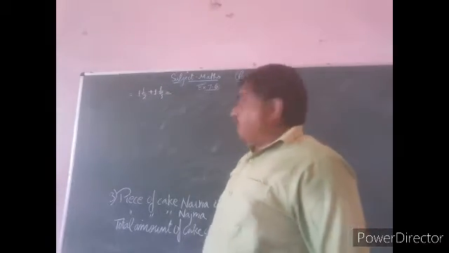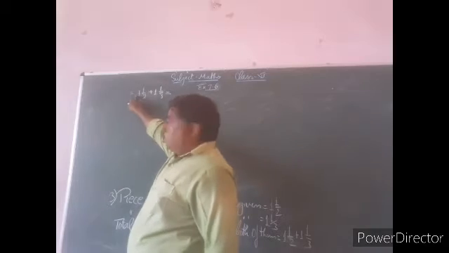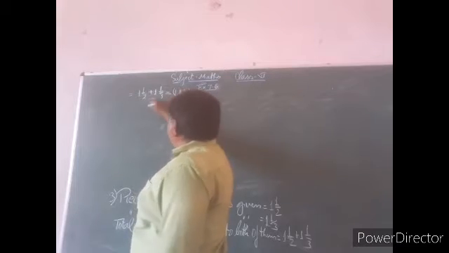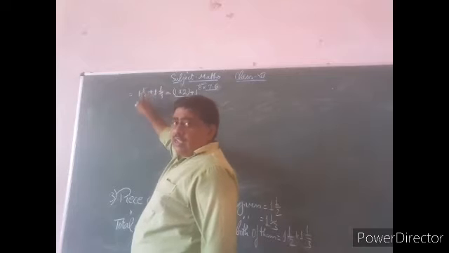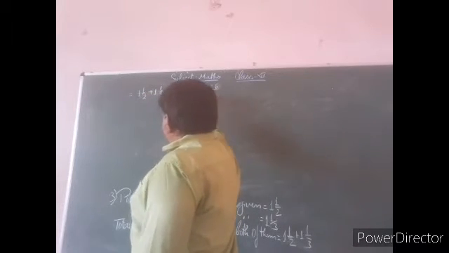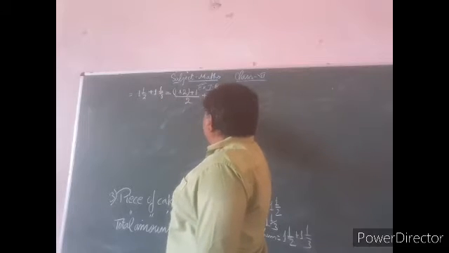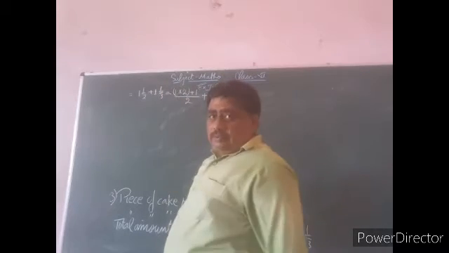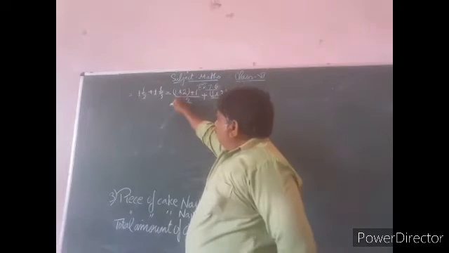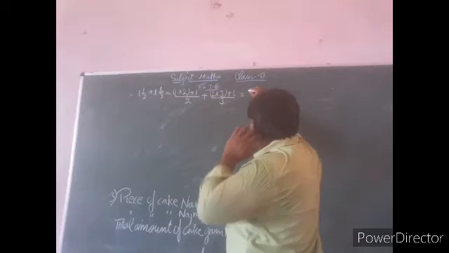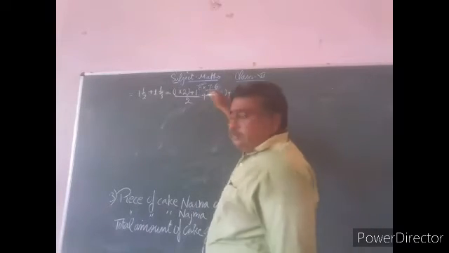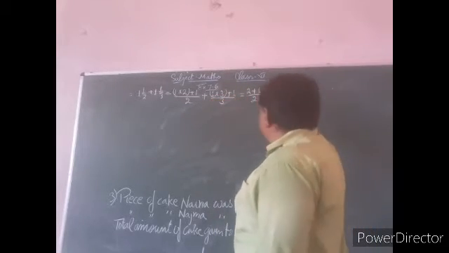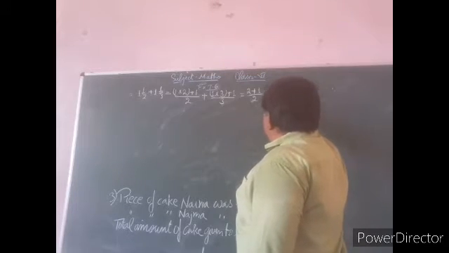them into improper fraction. 2 1s are 2, that is 1 into 2 plus 1 upon 2, plus 1 into 3 plus 1 upon 3, equal to 2 1s are 2 plus 1 upon 2, plus 3 1s are 3 plus 1 upon 3.